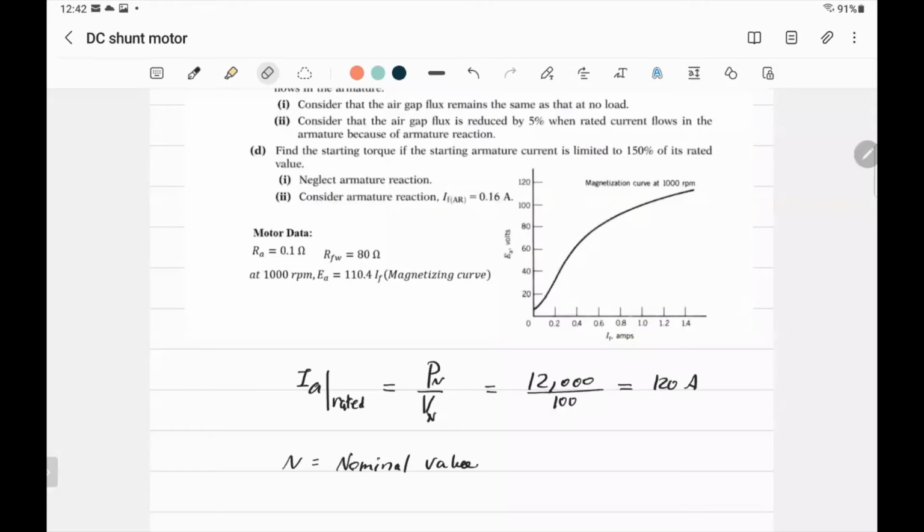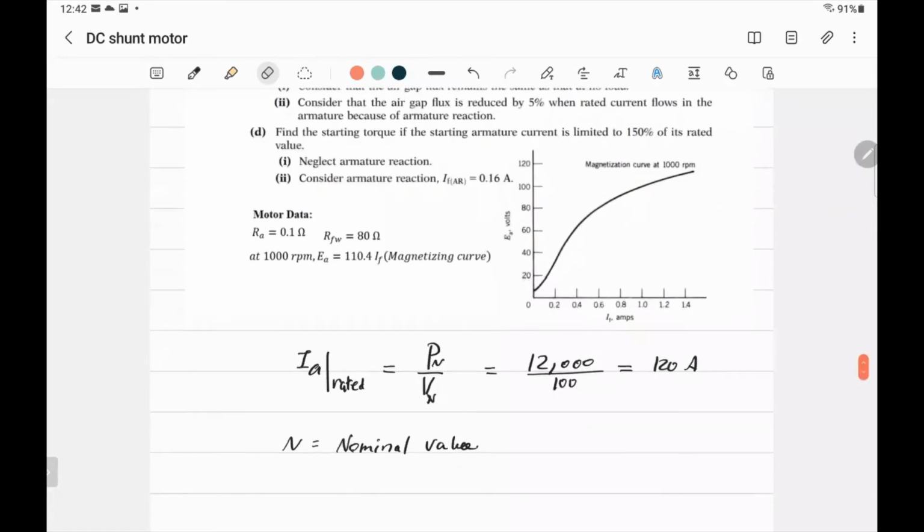When you increase the field current, the EMF increases. Why? Because IF produces flux, and every time you increase the field current, you increase the flux. Forget about the constant, the Ka machine constant is there, but I'm talking about the variables. When you increase IF, flux increases, and then you start building the EMF. That's called the magnetizing curve.